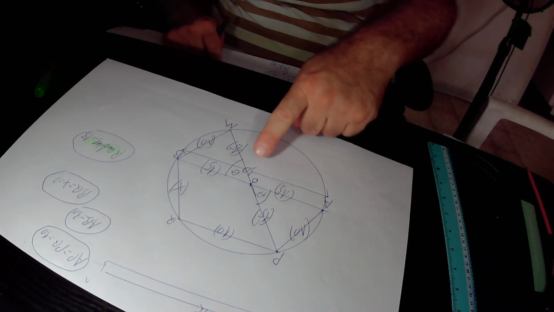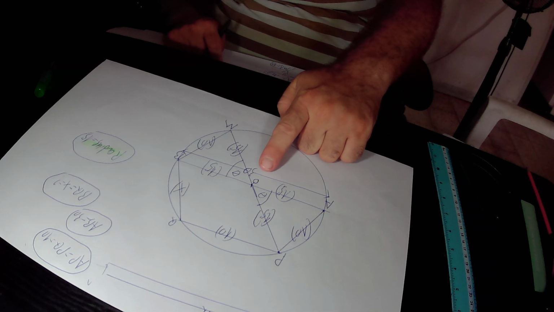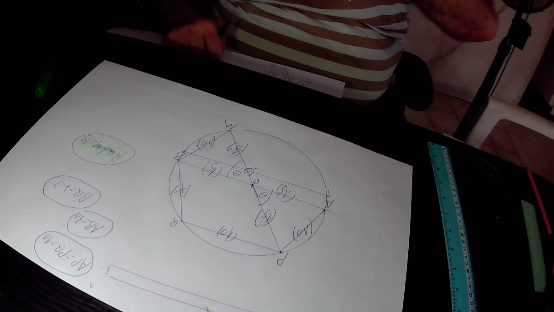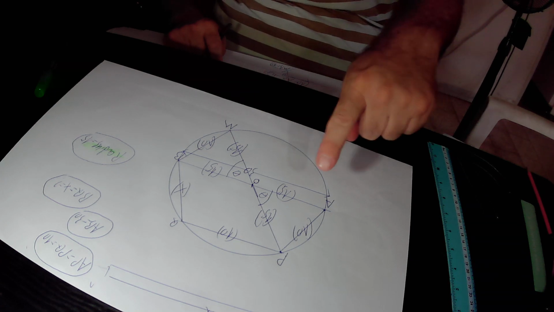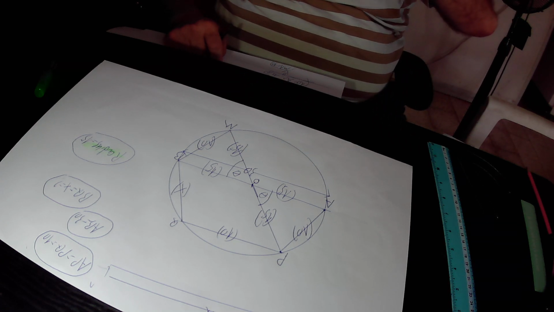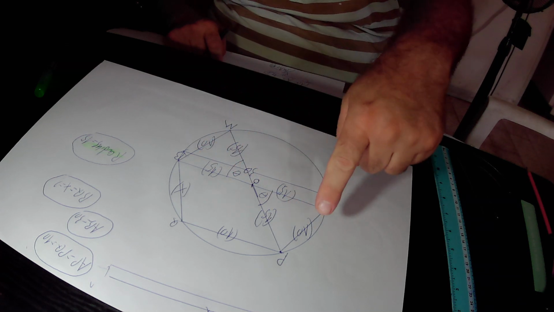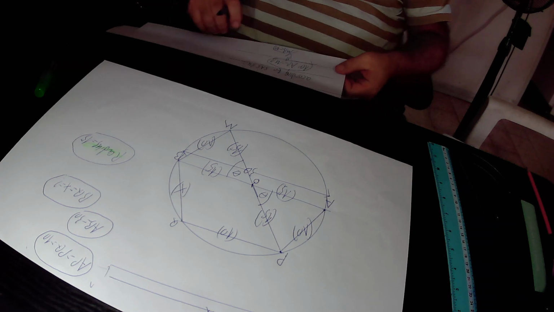This is chord PM, and this chord PM passes through point O, the center of this circle, and we know that any chord that passes through the center of the circle must be the diameter of the circle. So PM is the diameter of this circle. In the next step, I'll copy this semicircle with the diameter PM and we will analyze it.